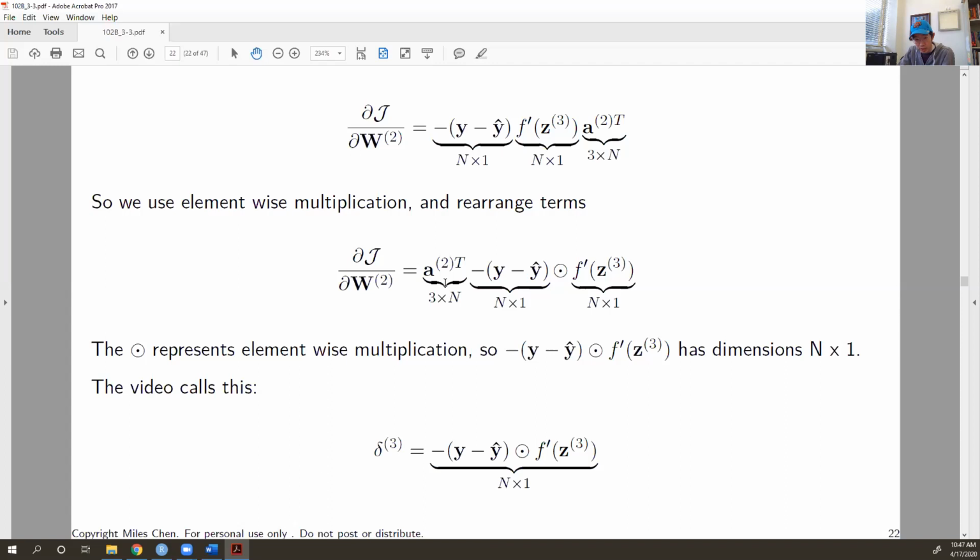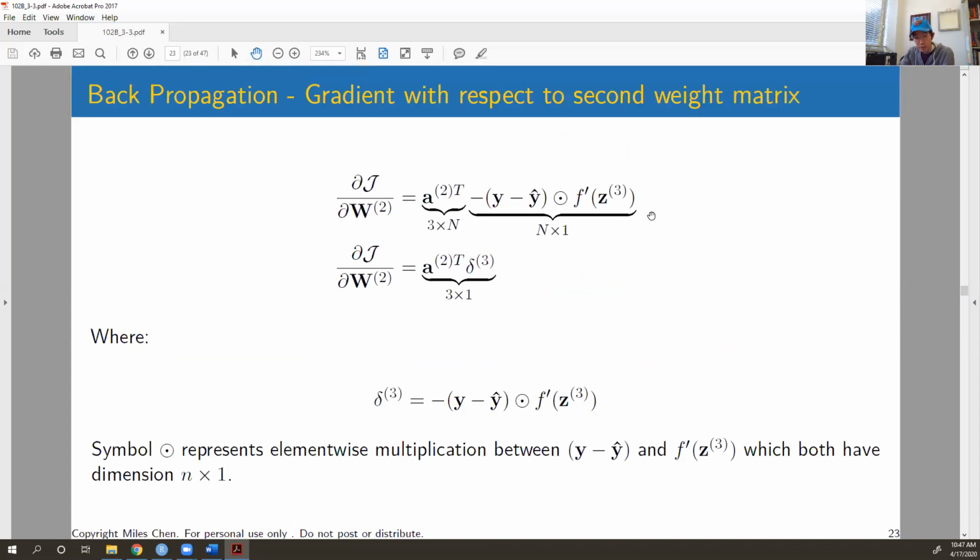And when I take this and I have A transpose, which is 3 by n, multiplied by this, which is n by 1, that's going to result in a 3 by 1 matrix, which is exactly what I want. The derivative of the loss with respect to the second weight matrix will be a 3 by 1 matrix, where this quantity is this thing.